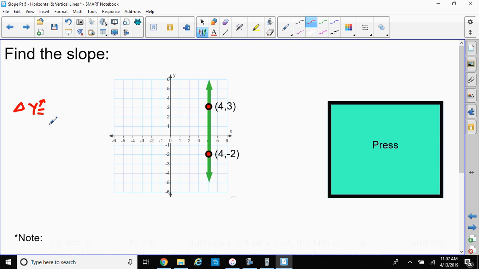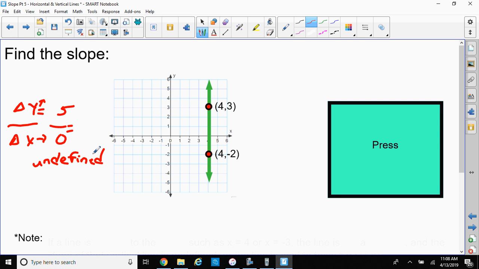So my change in the y value will be 5 over my change in the x value. So that's how many boxes I go over to get to this one. Well, I'm not going over any, it's on the same line. So that'd be 0. So there are no boxes we go over for the x. So our fraction would be 5 over 0, but that's not allowed because you're not allowed to have 0 as the denominator. So this would give us what's called the undefined slope because you have a division by 0 error.